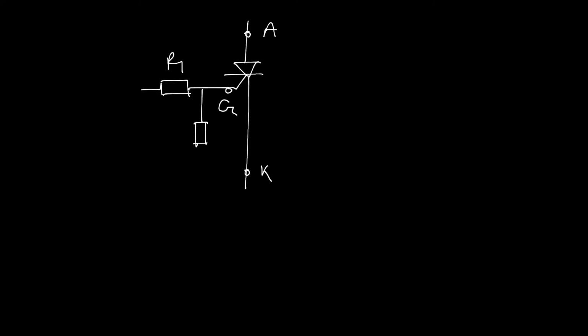Consider a thyristor is there, that is anode, that is cathode, that is gate terminal, which is connected to a series resistance R1 to protect against maximum amount of current, and which is connected to a parallel resistance, suppose R2, which is able to protect against higher voltage across the gate.